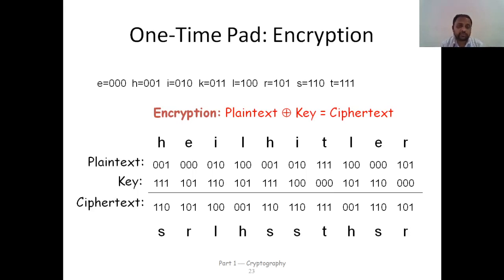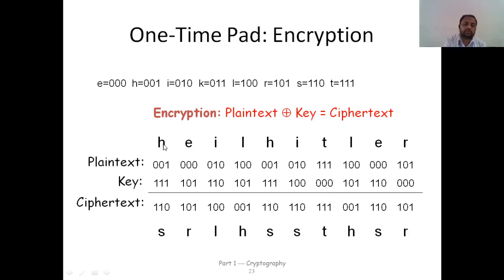For H, we find the binary number, which is 001. That 001 is considered, and for E it is 000. For I it is 010. Similarly for the remaining letters, for L it is 100, for H it is 011, for I it is 010, like that, and for R it is 101.